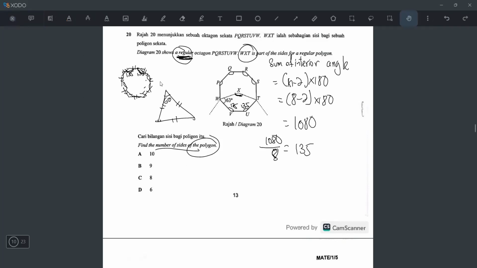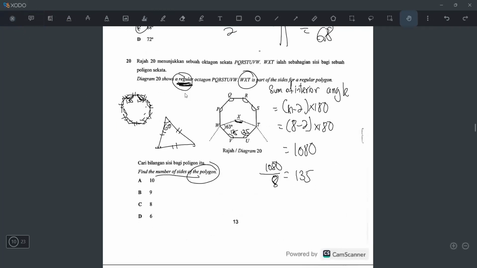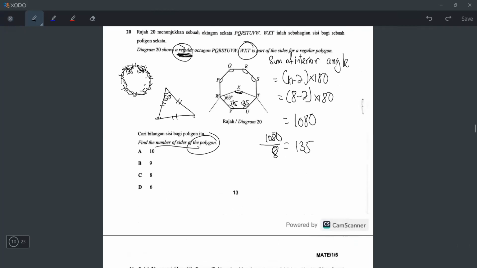And for example, if it's 108, like last question, if I tell you the angle is 108, and I never draw this part for you, you know it's a pentagon. Because if it's a regular polygon and one of the angles, you know, is like that. Do you understand what I mean? And what if it's a 135? What if this angle is 135? Then it's a regular octagon.